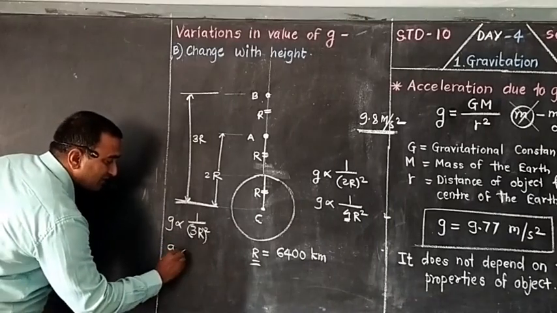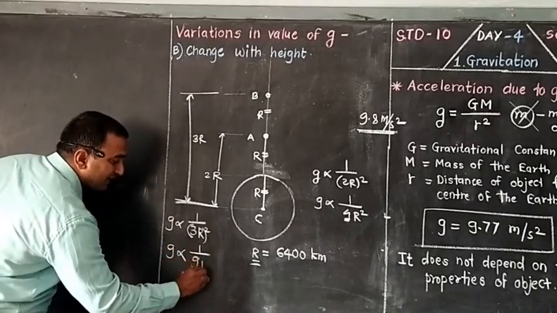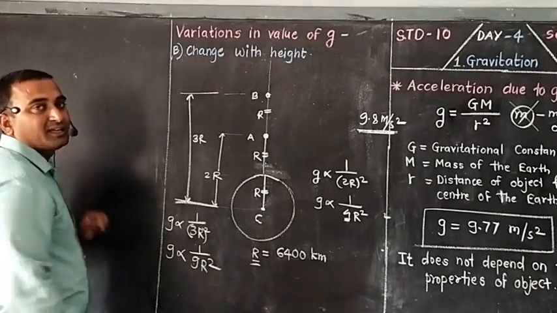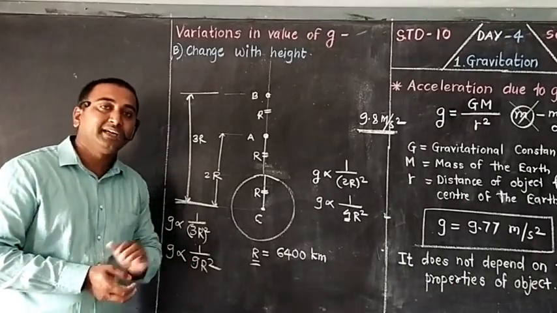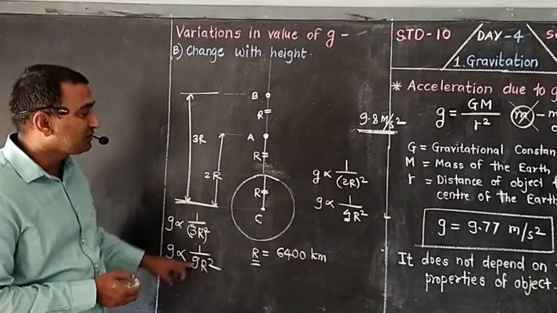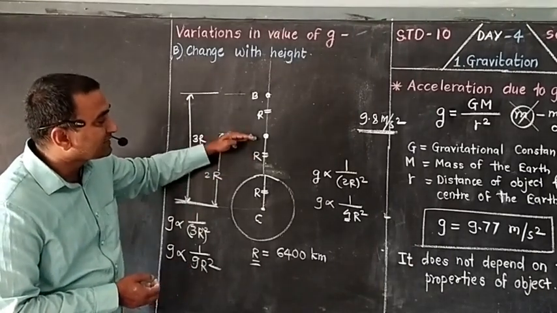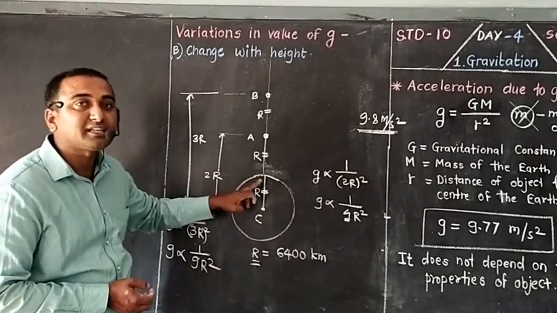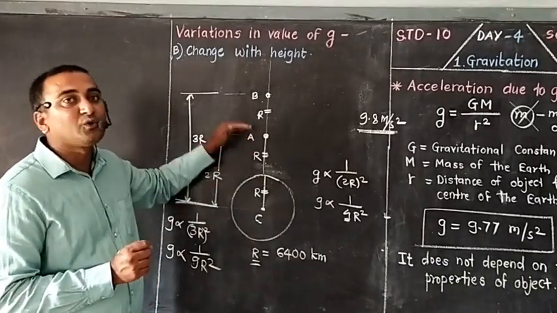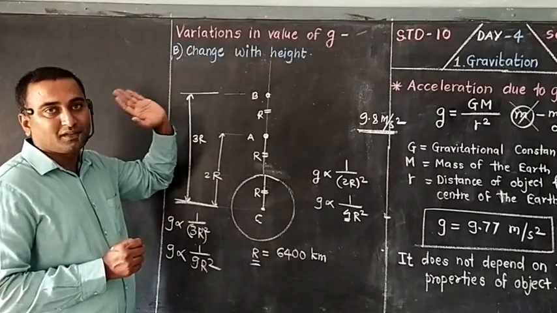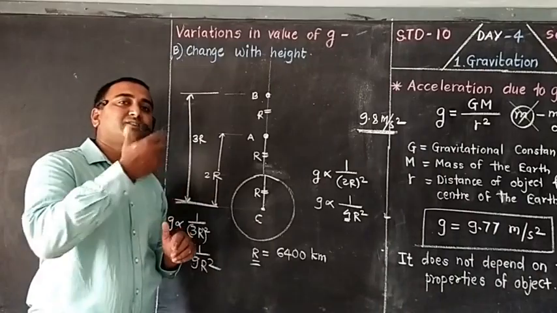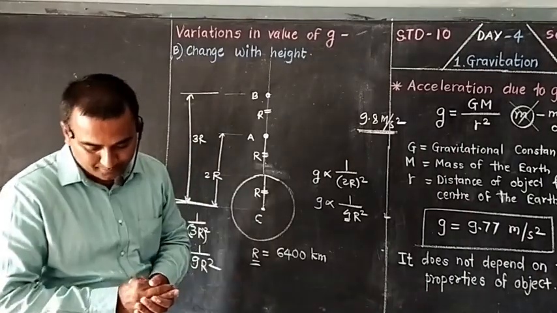That means g is inversely proportional to 9r square. So 1 upon 9 means acceleration due to gravity decreases by 9 times. So what is our conclusion? As height increases from the surface of Earth, acceleration due to gravity goes on decreasing. As per height, it goes on decreasing, or it starts to reduce.